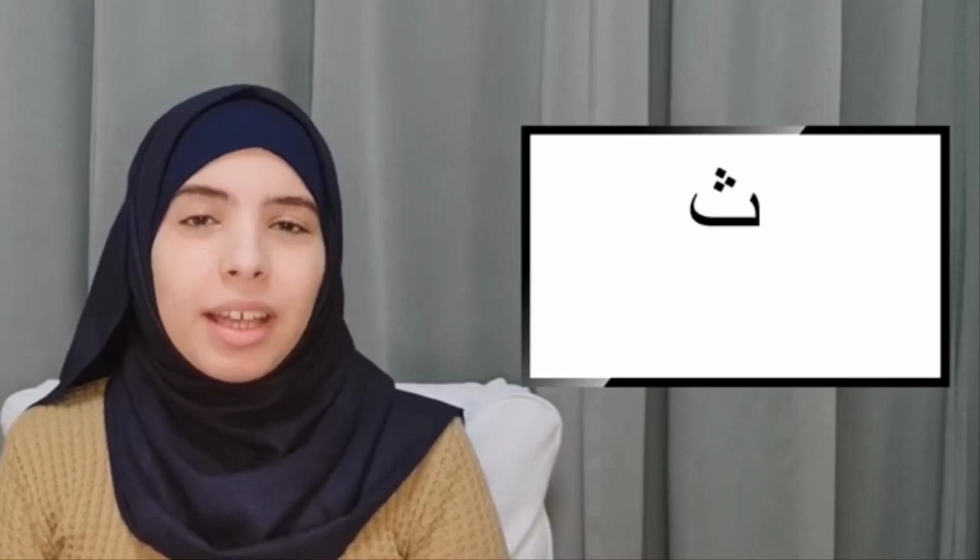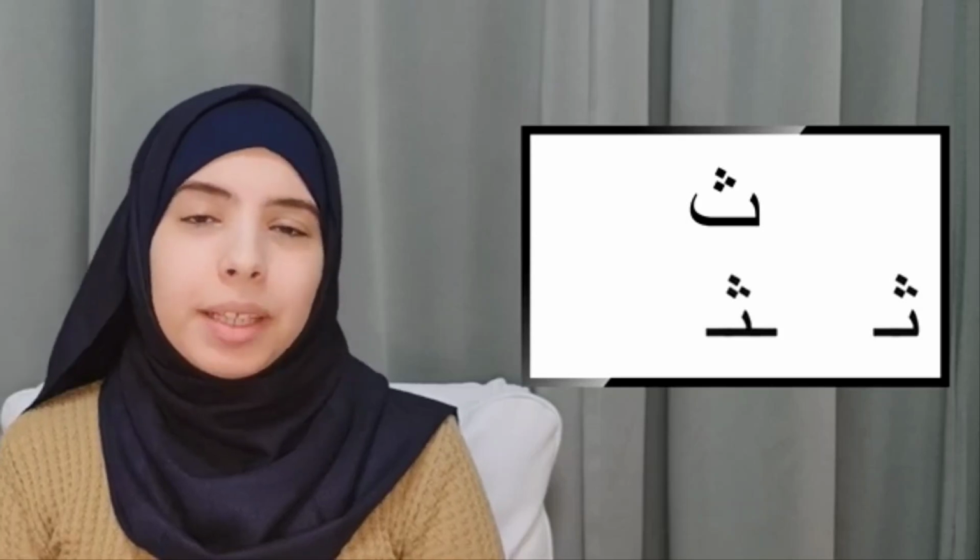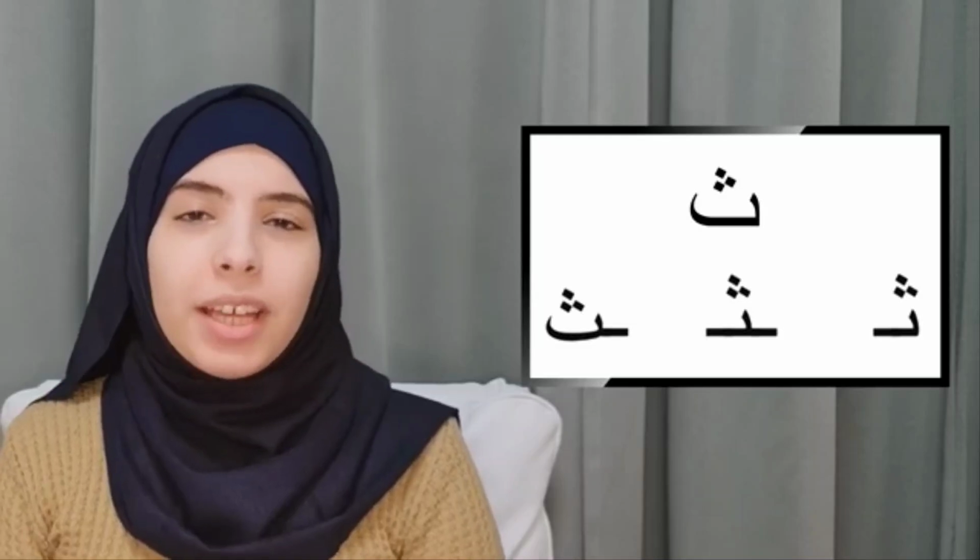Always remember three dots, tha. Tha also has four shapes: an isolated shape, an initial shape, a medial shape, and a final shape. Watch carefully and try to imitate.